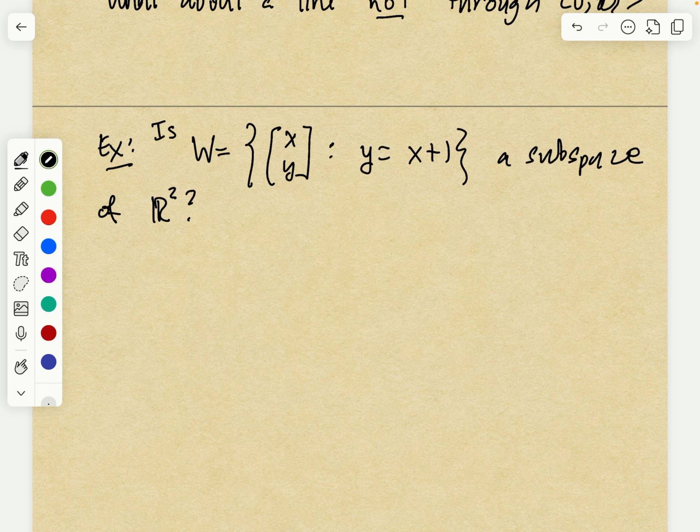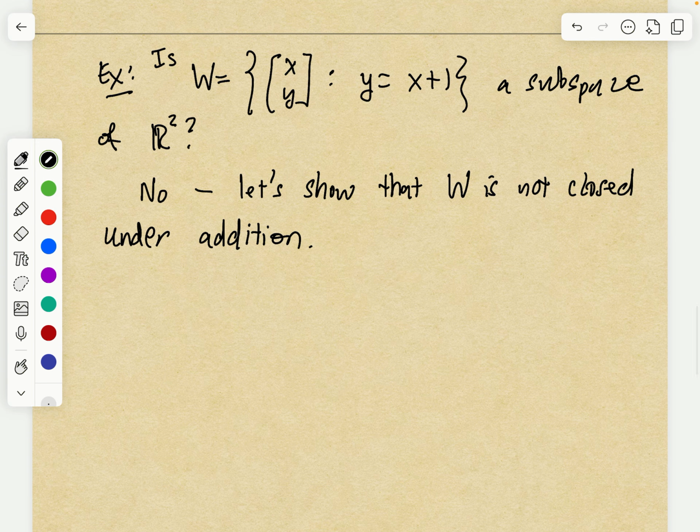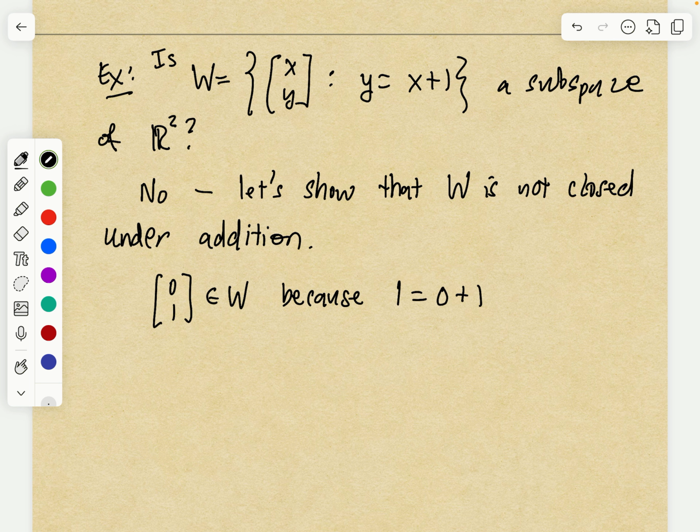Well, the answer is no, it's not closed. Let's show that W is not closed under addition. What we need to do is find two vectors in W where the sum is not in W. Well, we can try something like (0, 1). (0, 1) is an element of W because 1 is in fact 0 plus 1.